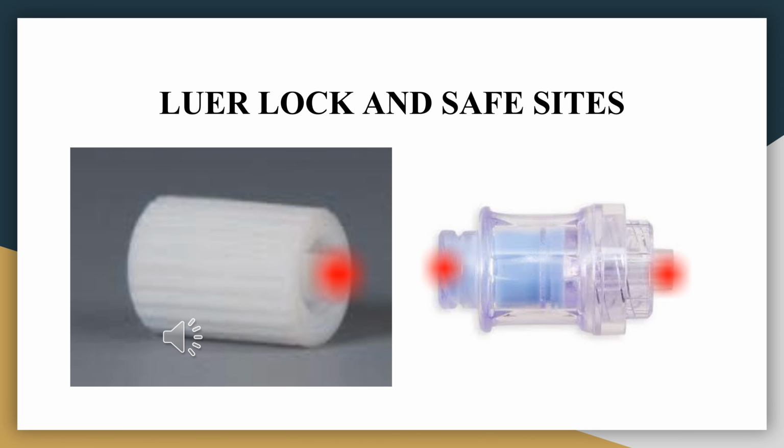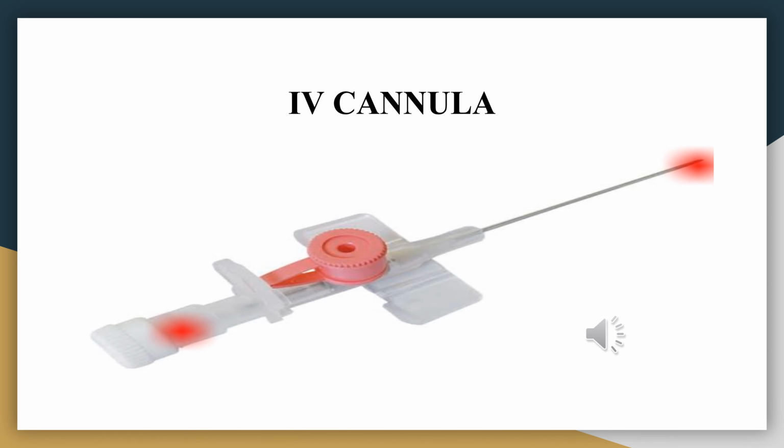These are all the key parts in a 10 centimeter extension, as you can clearly see in the picture. These are all the key parts in the IV cannula, again the tip of the needle as well as the area where we connect the extension.